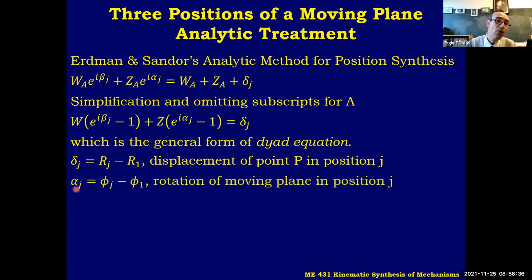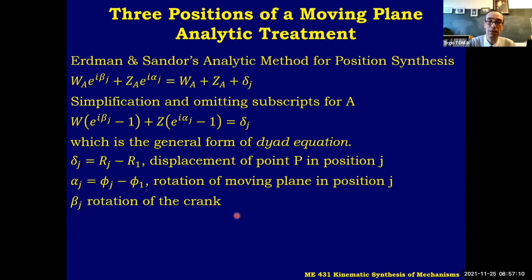And alpha j is the rotation of the moving plane from position 1 to position j, which is actually the difference between the angular positions of j and 1. And beta j is the corresponding rotation of the crank when the plane moves from position 1 to position j.